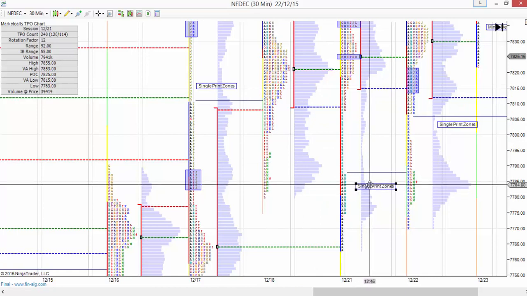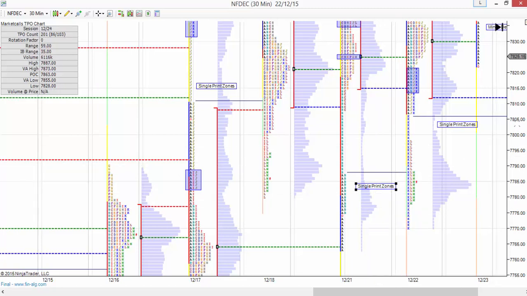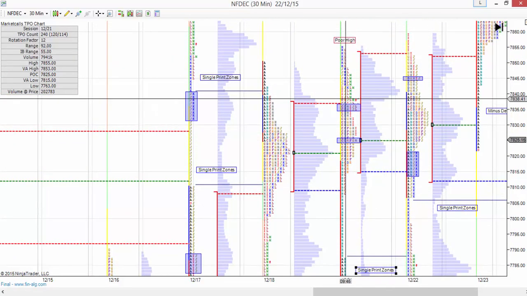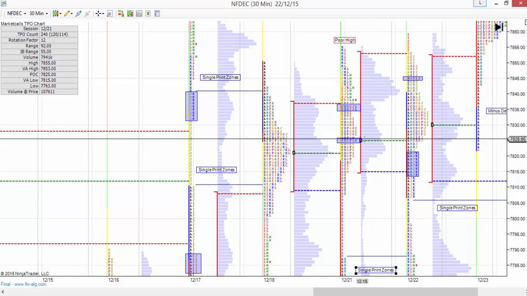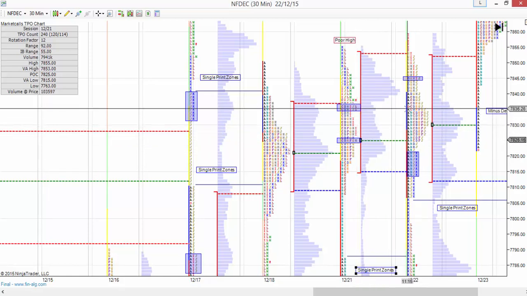The single print zones on the 17th of December and 21st of December got repaired the very next day. Also the 21st of December has two anomaly reference levels. These two anomaly reference levels got repaired the very next day.